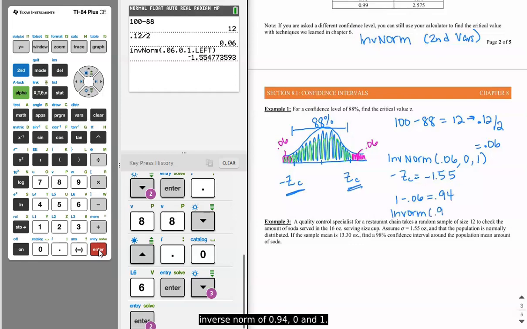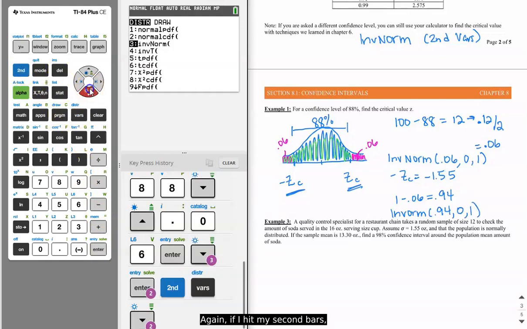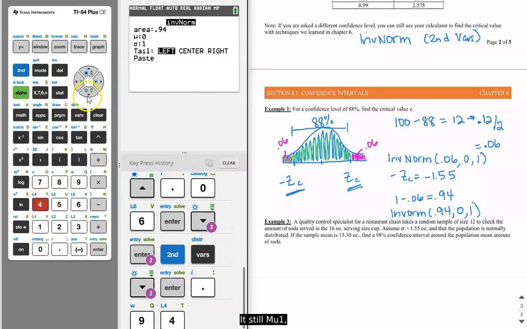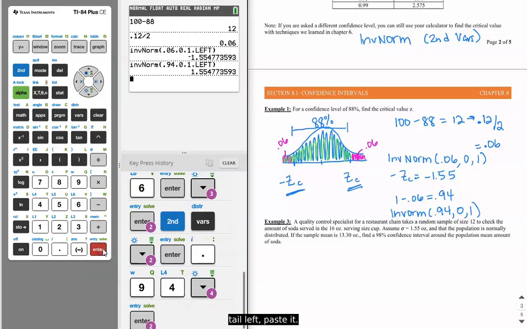Inverse norm of 0.94, 0, and 1. So again, if I hit my second vars, go down to inverse norm, the area is now 0.94. It's still tail left, paste it, you end up with positive 1.55, which makes sense.